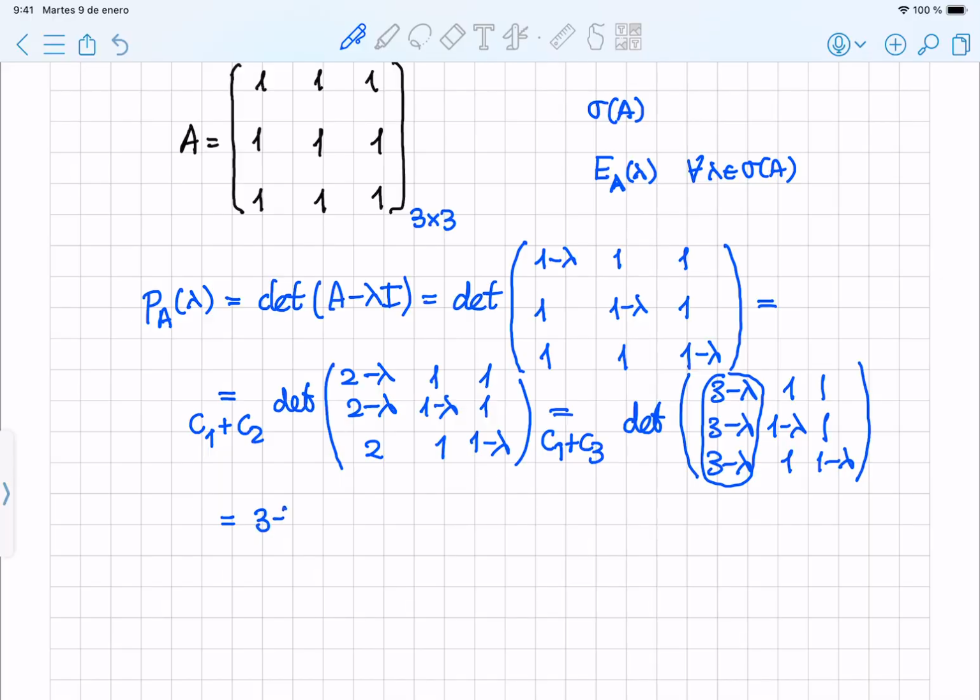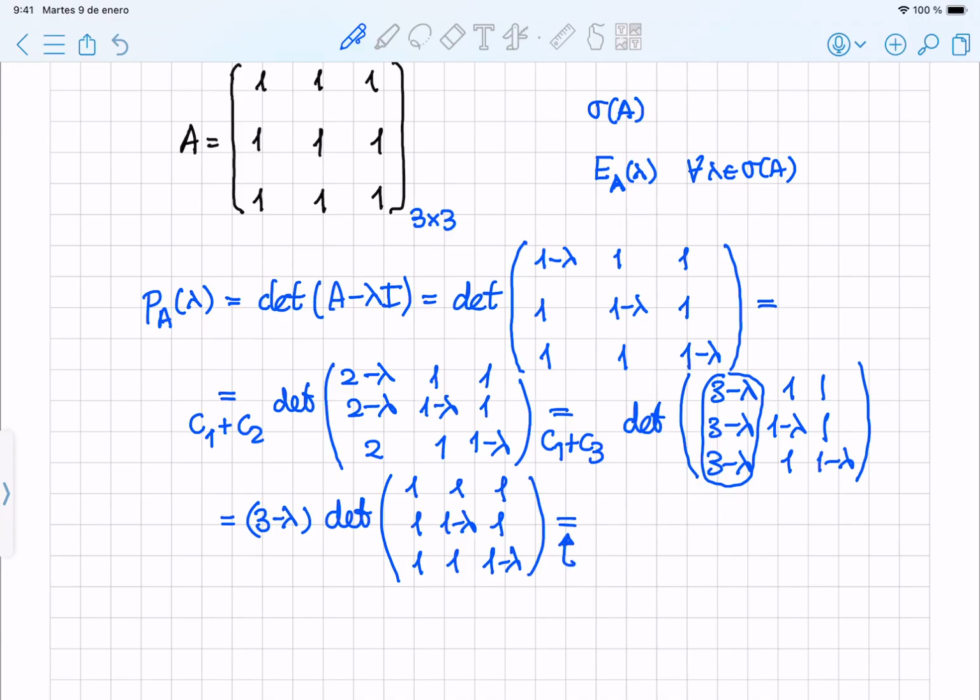So I take the 3 minus lambda out, and this will be the determinant of 1, 1, 1, 1, 1 minus lambda, 1, 1, 1, 1 minus lambda. Observe that the trick here is just eliminating one of the lambdas.